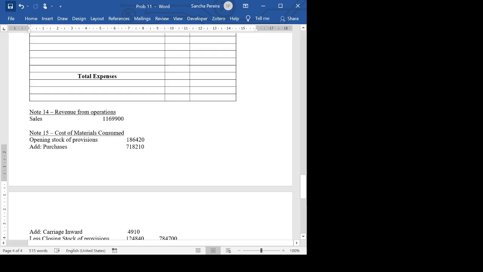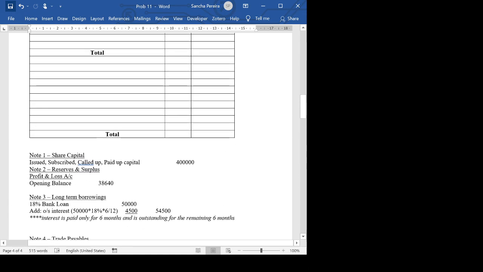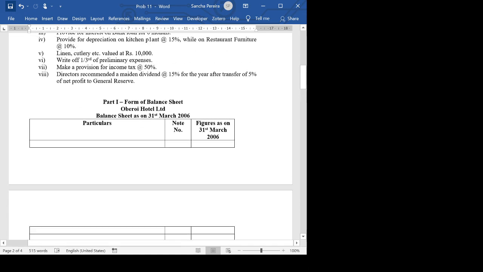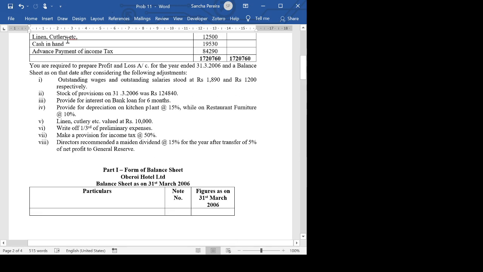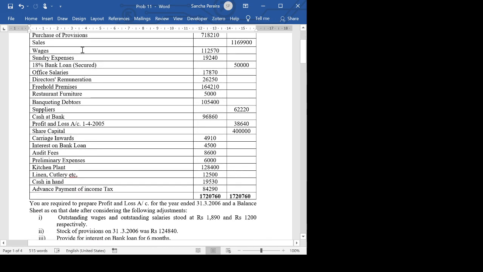Is this clear? Always be careful, whether you're doing problems of hotels or any other final account problems. Sometimes this adjustment is not even given. But always check for interest on loan, whether the entire amount is paid, because if you have a loan and it has a percentage like this, normally the interest component is mentioned. Always do the calculation and check whether the entire interest is paid.